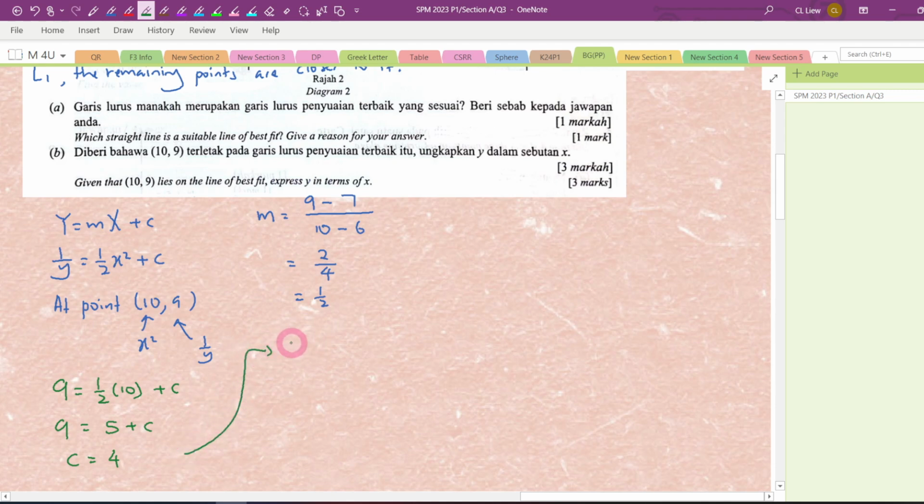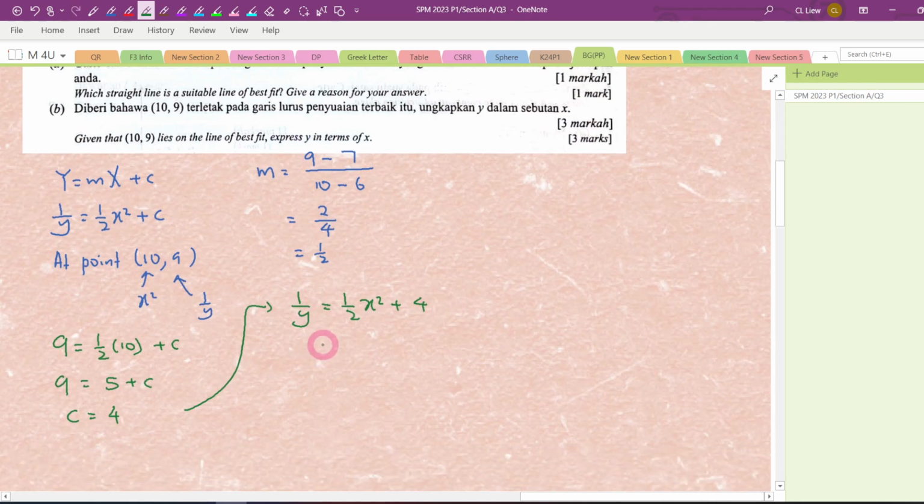Okay, now we got the equation: 1 over y is equal to 1 over 2 times x squared plus 4. But we cannot stop here because we want to express y in terms of x. We need to make y the subject. So this 4 is actually 4 over 1.